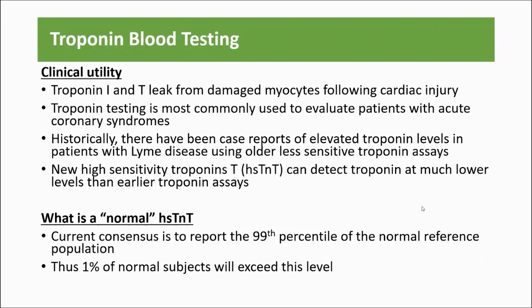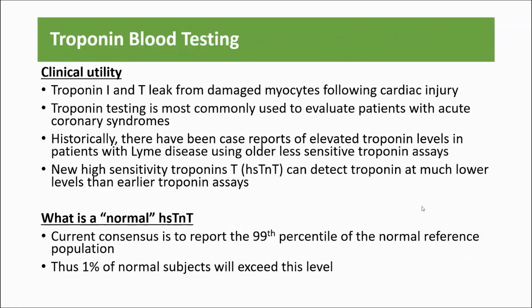Historically, there have been case reports of elevated troponin levels in patients with Lyme disease using older, less sensitive troponin assays. The new high-sensitivity troponin T can detect troponin at much lower levels than earlier troponin assays.